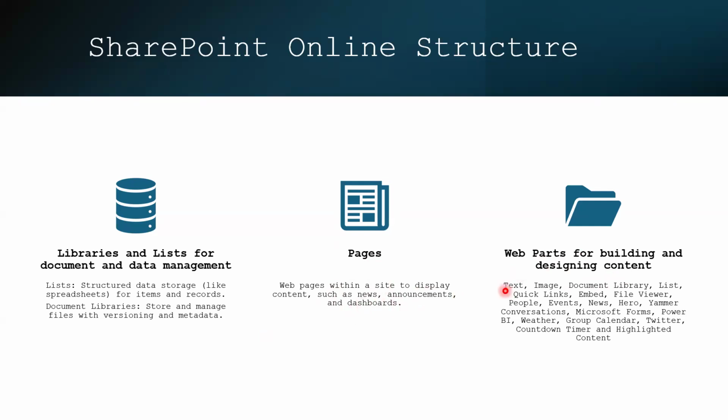For that, we need to insert a web part, which will display data from plain text, an image, a document library, or a list. These are different web parts. I just listed them here, but we can see more in the practical session.